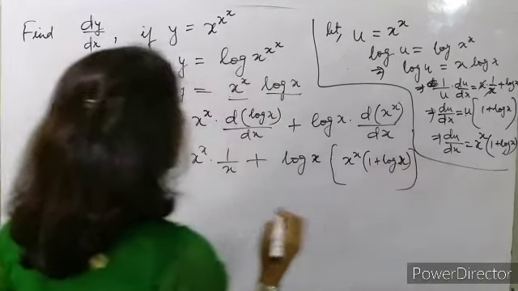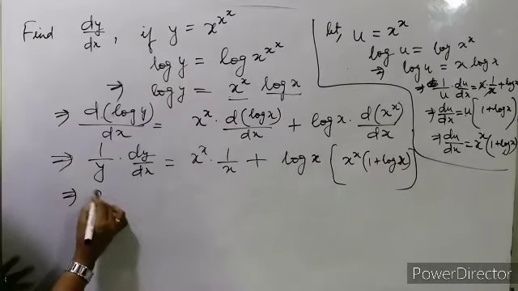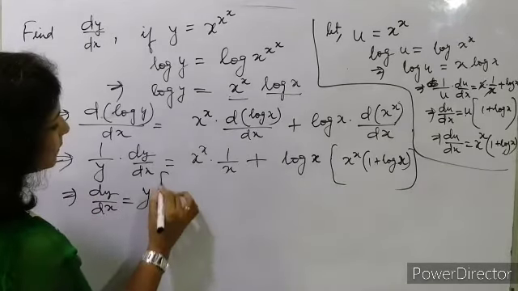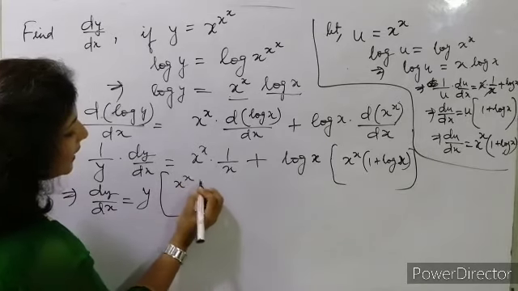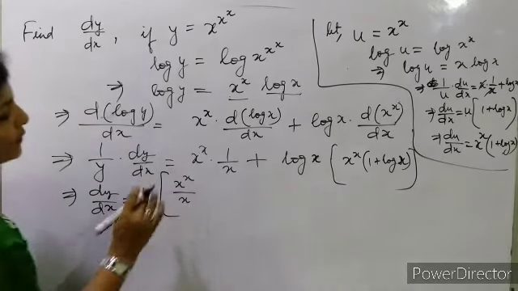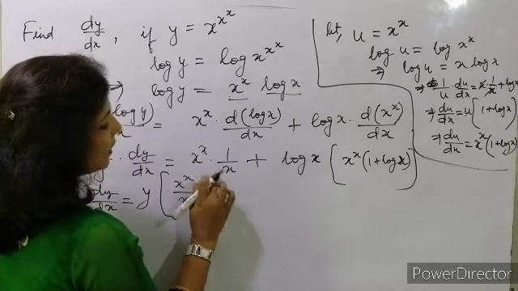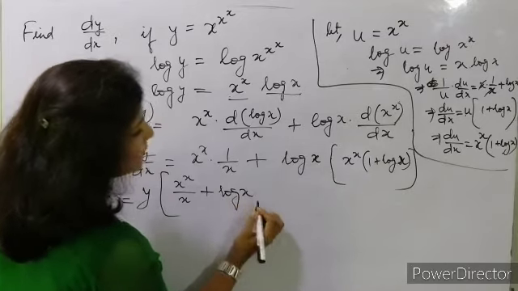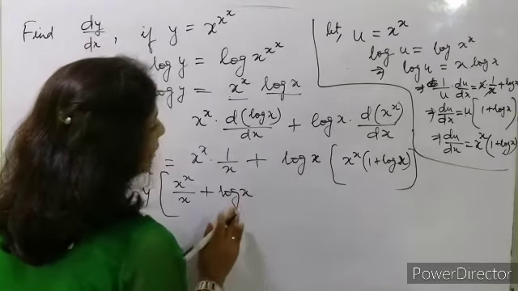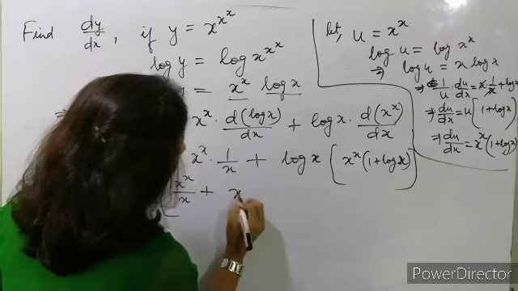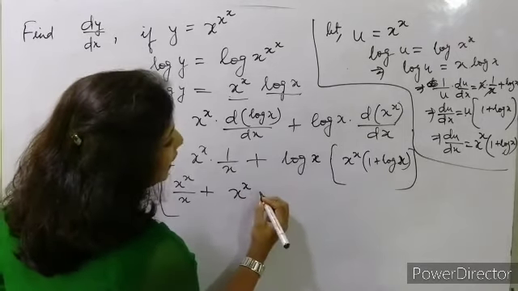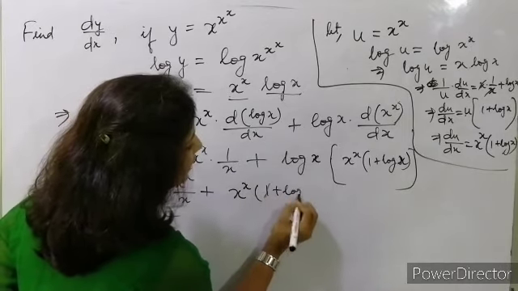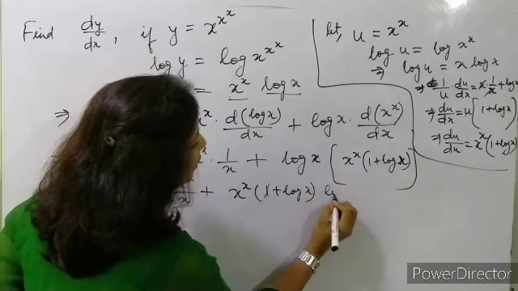Okay, now dy by dx will be equal to, y we will write here, and x to the power x divided by x. So we can also write this as x to the power x minus 1 here, so we'll do that, plus log of x multiplied by, okay, we'll write this first, x to the power x multiplied by 1 plus log x multiplied by log x.